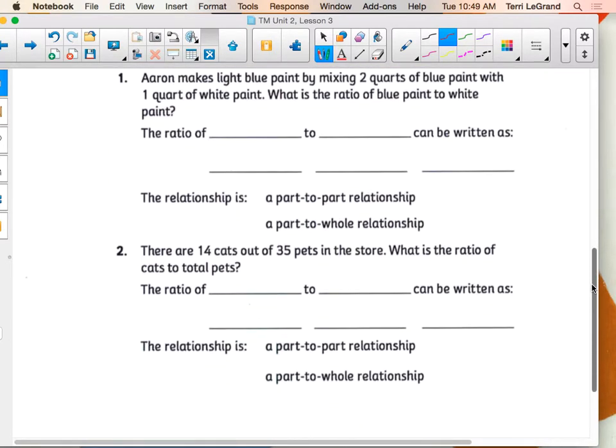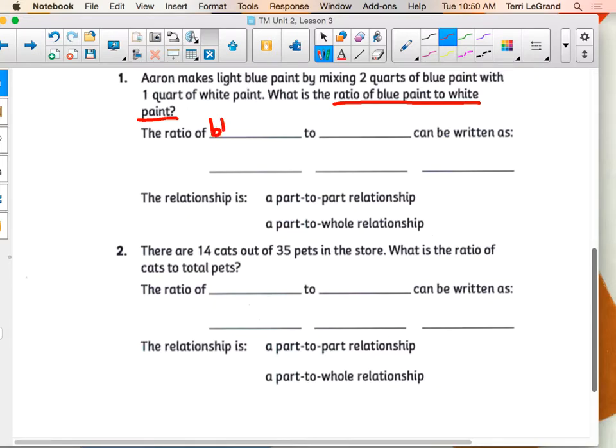Aaron makes light blue paint. He mixes 2 quarts of blue paint with 1 quart of white paint. What is the ratio of, oh, this is really important, blue paint to white paint? Well, we're going to write that.